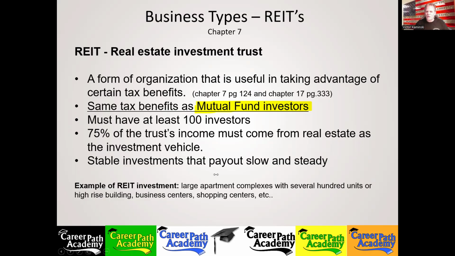They invest in large apartment complexes with several hundred units, high-rise buildings, business centers, shopping centers, etc. They're usually stable investments that pay out slow and steady. The only time they would ever pay out big is if they sold that parcel of real estate. Otherwise, they're just slow and steady. They do payouts from the income from all the rents that they're collecting.